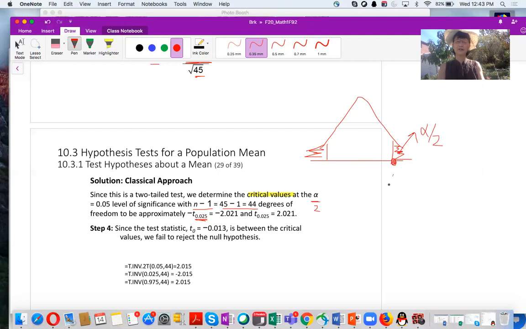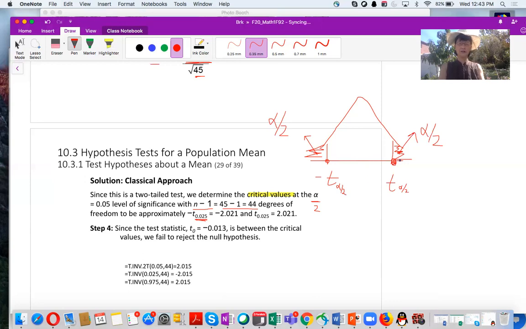So this point is T subscript half alpha. Because of the symmetry, the left tail area is also half alpha, and this critical value is negative T subscript half alpha.